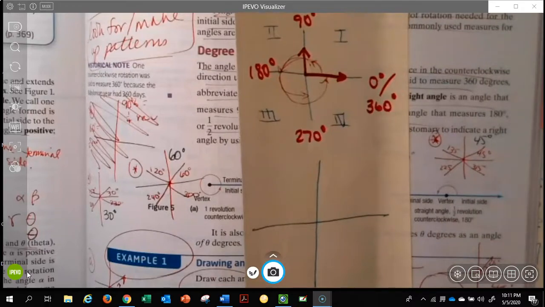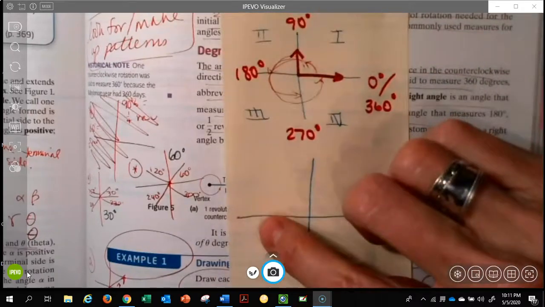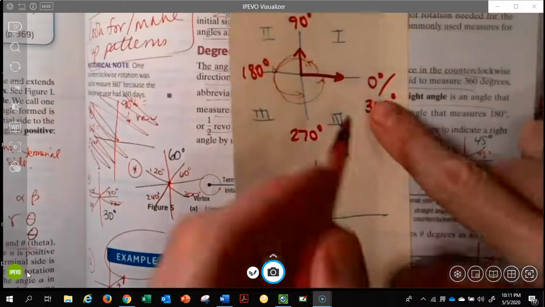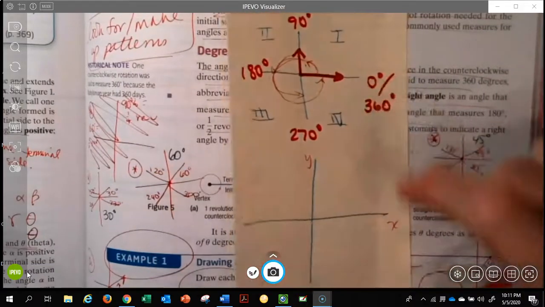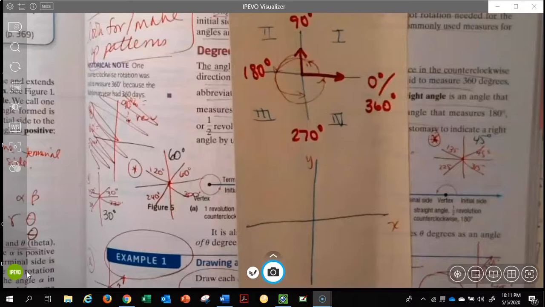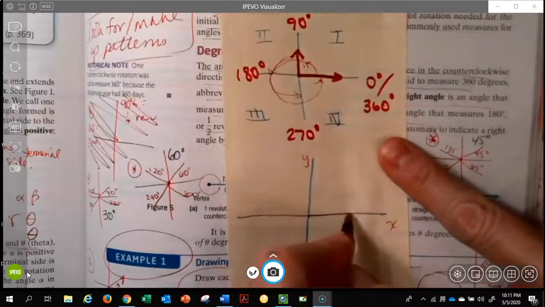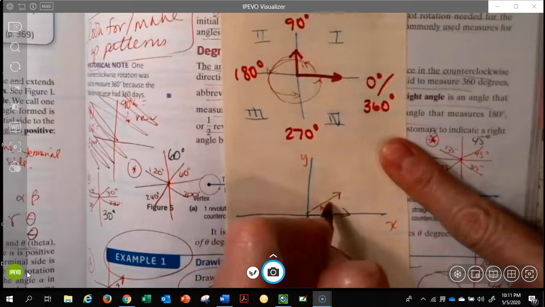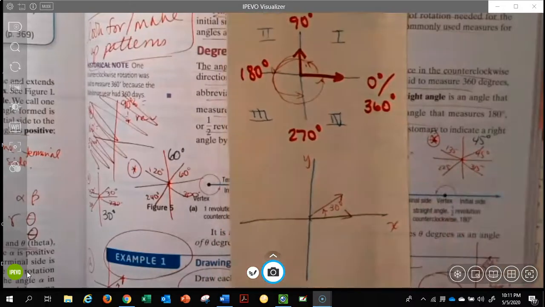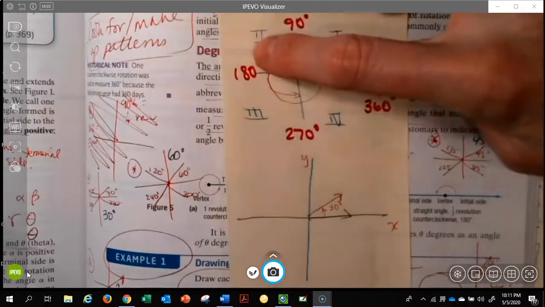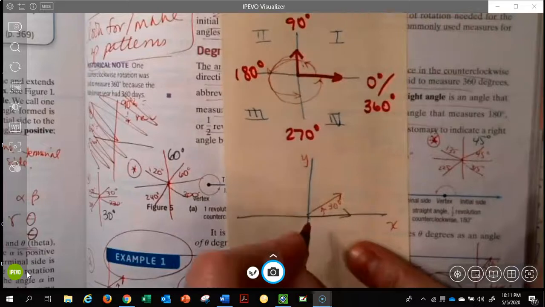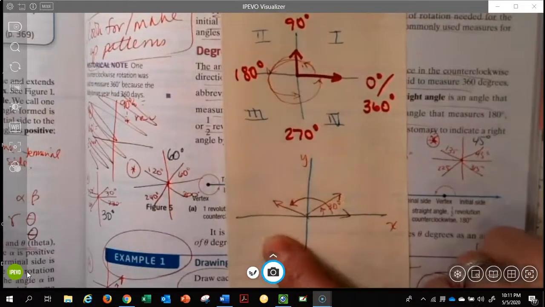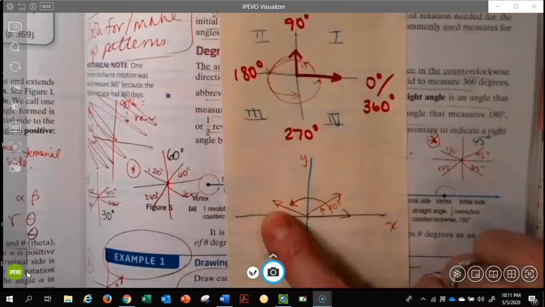All the 30s are going to come off of the X. Our 30s are not going to come off of the Y. They're all going to come off of the X. Right here is probably our nicest one. When I draw this one, it's about 30-ish degrees. Then you're going to have to think quadrantal, and you're going to have to think, what if my angle goes all the way around here, but yet it comes off 30 degrees?